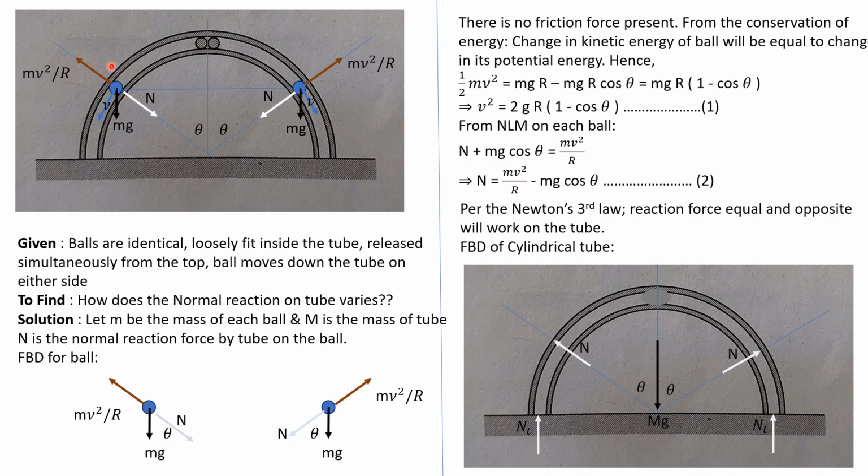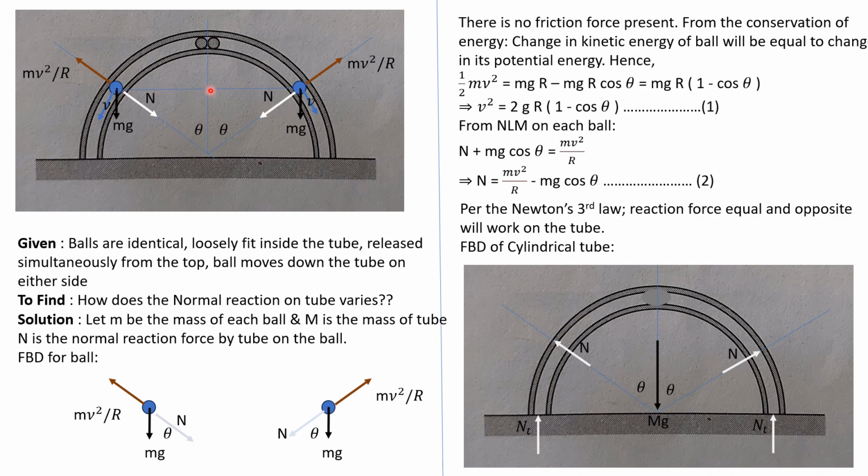Since we have assumed that it has acquired a velocity v at this location, we can write half mv square as the kinetic energy. That will be equal to the initial potential energy of each ball, which was mgR, R is the height from here to here, minus the potential energy at this location.